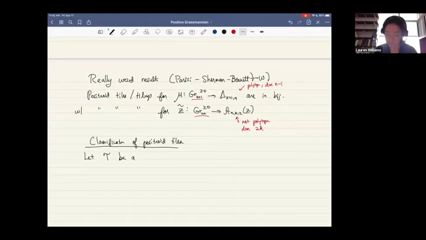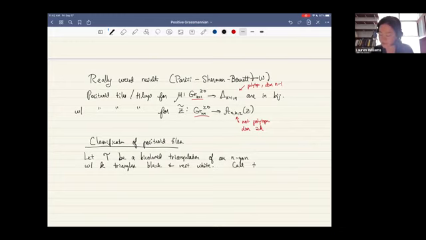So script T is going to be a bicolored triangulation of an n-gon with k triangles colored black and the rest white. And so we're going to call this an object of type k,n. So let me just draw a picture.